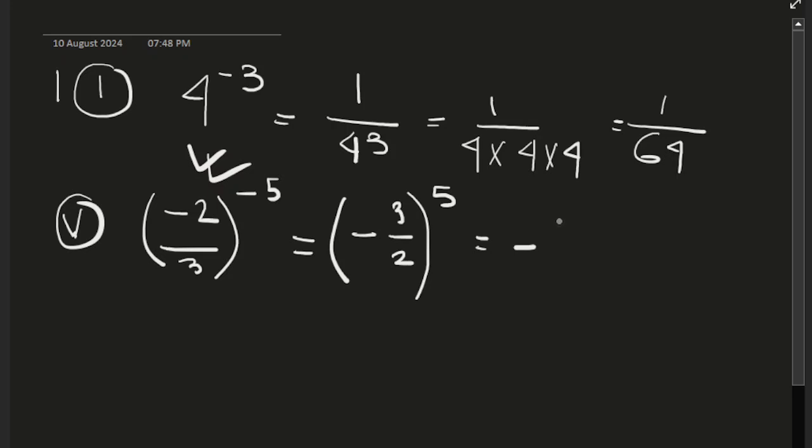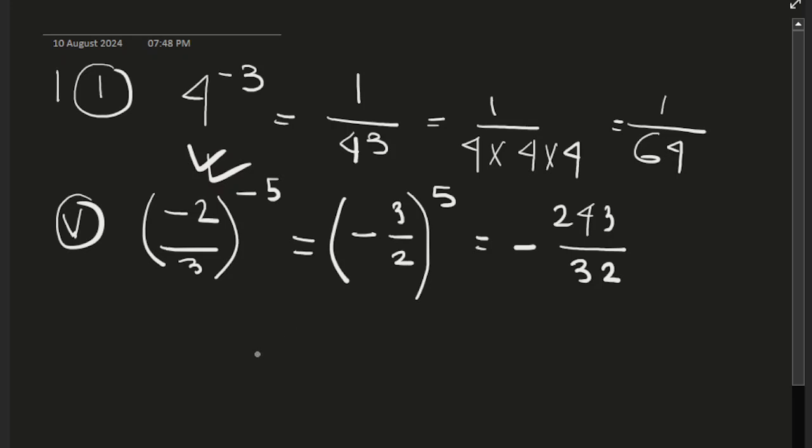So the answer will be 3 into 3 into 3 into 3 into 3, which is 243, divided by 2 to the power 5, which is 32. So the answer is minus 243 divided by 32.